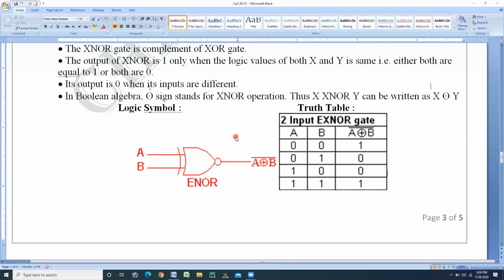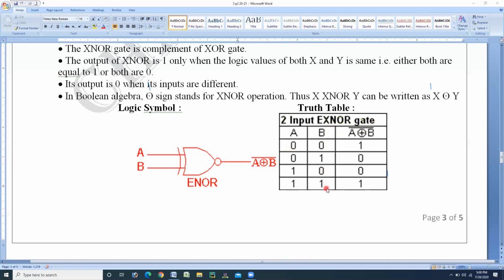For this two input exclusive NOR gate, if you observe the truth table here, A and B are the two inputs, and A exclusive OR B whole complement will be the exclusive NOR output representation. Both the inputs are 0, output is 1.